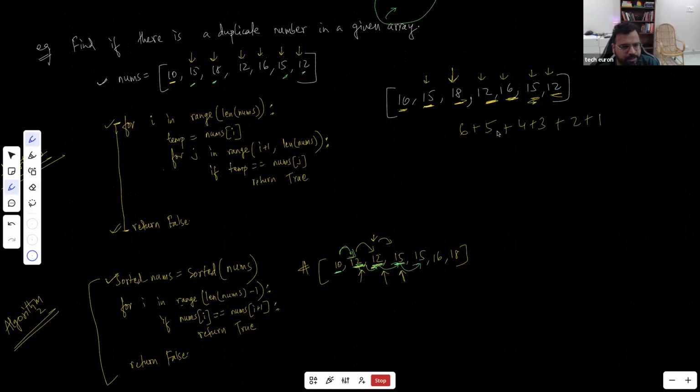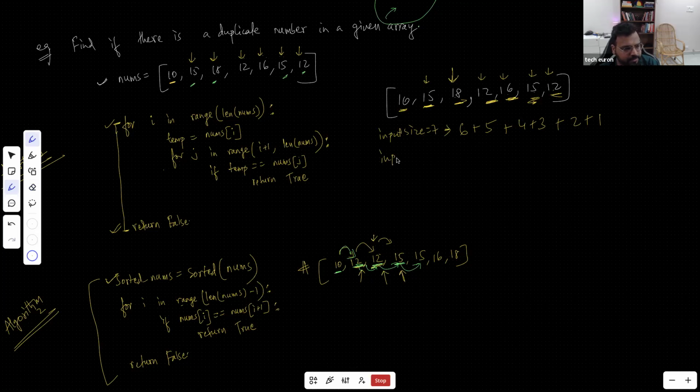So it is 1 plus 2 plus 3 plus 4 plus 5 plus 6. So if there were 7 elements, or we'll say input size is equal to 7, then this much work we have to do.